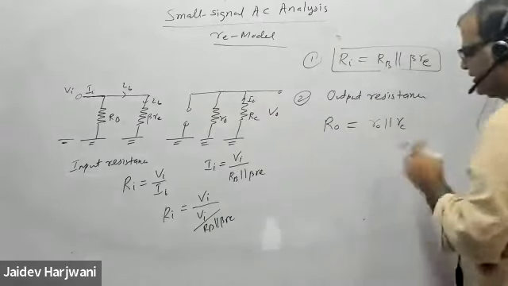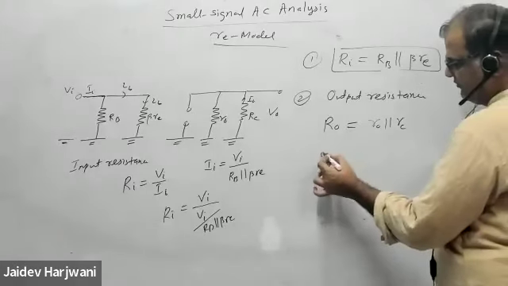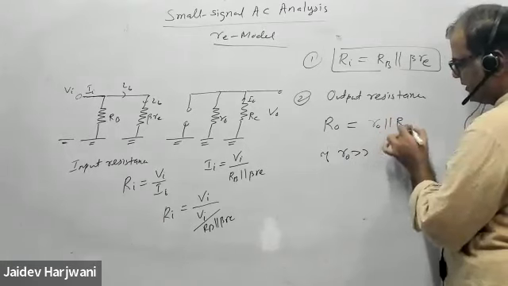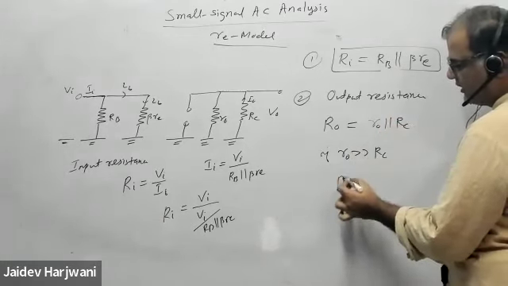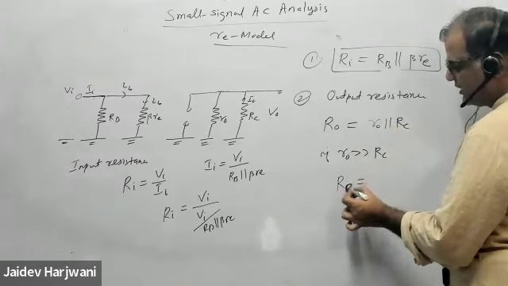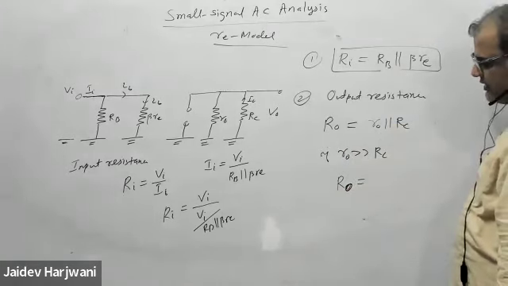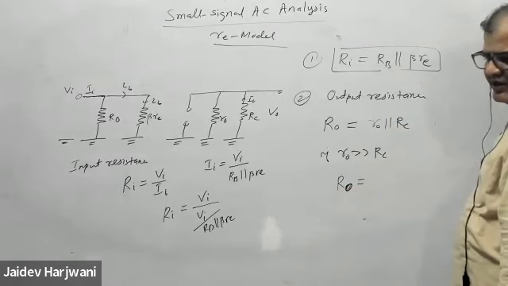This is R0 parallel RC. Now, if R0 is greater than RC, then tell me, what is the value of R output?